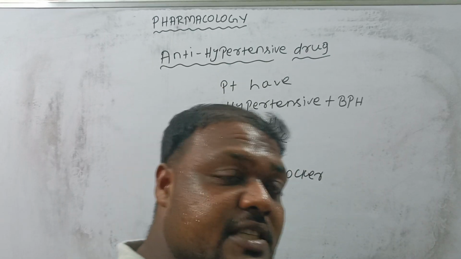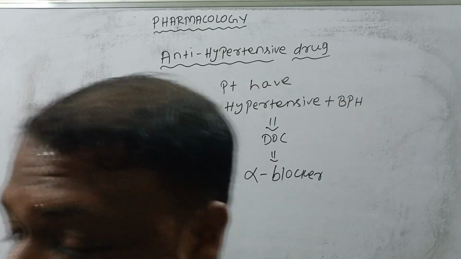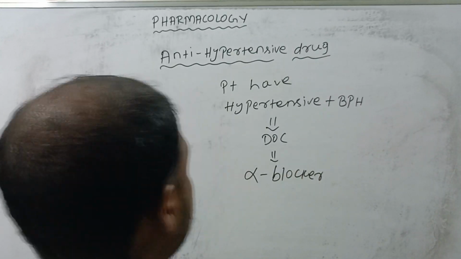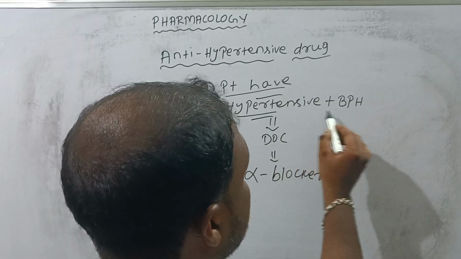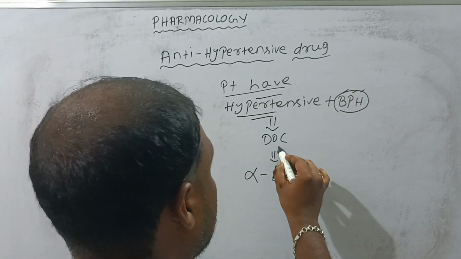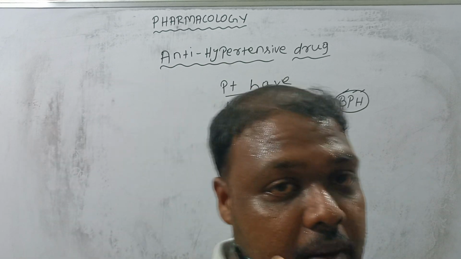Remember this, it is a question in the entrance exam. It is a very important question. If the patient has hypertension with BPH, the drug of choice is the alpha blocker.